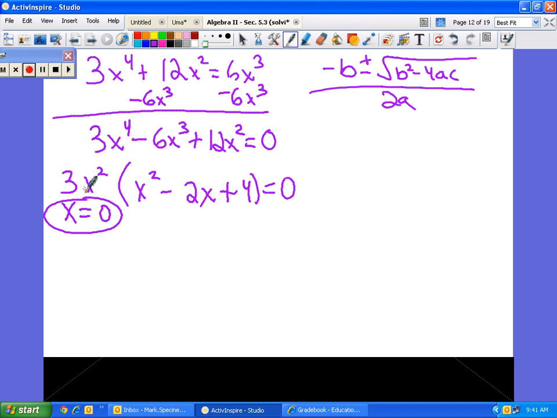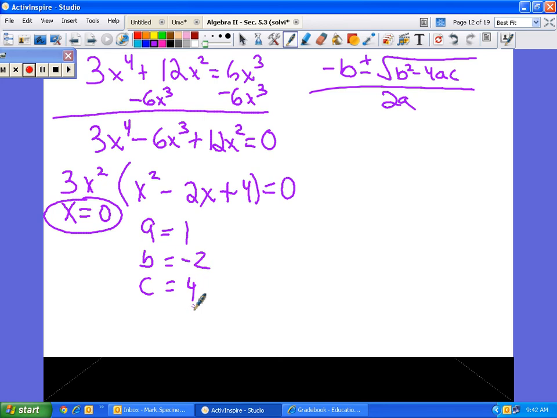Should have been a clue that I wrote the quadratic formula up on the board. So, how do we start out? Identify A, B, and C. A is 1, B is -2, and C is 4.